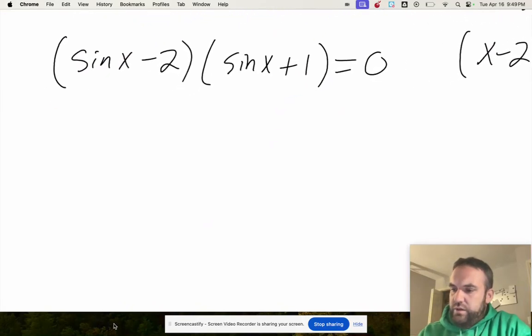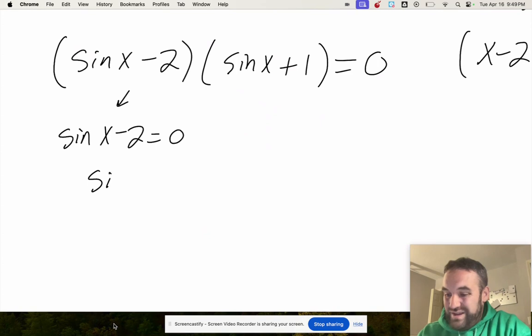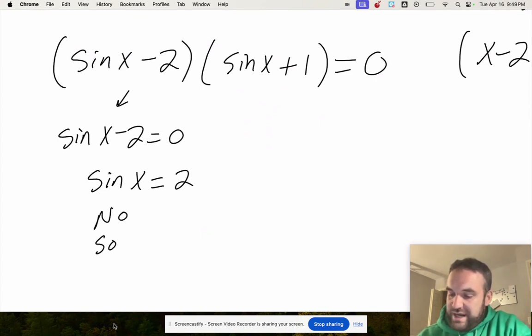Now if I go to solve this in factored form, I have sine of x minus 2 equal to 0, which means sine of x would have to equal 2. But we know that sine oscillates as a wave between -1 and 1. So this portion does not have any solutions.